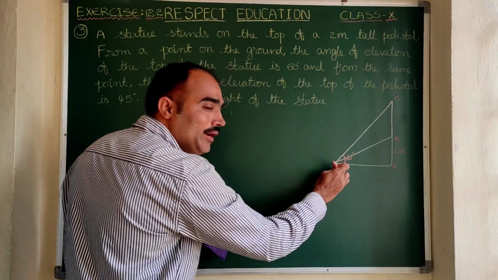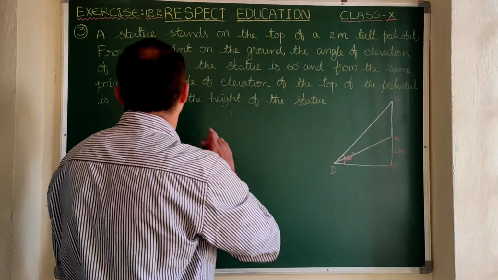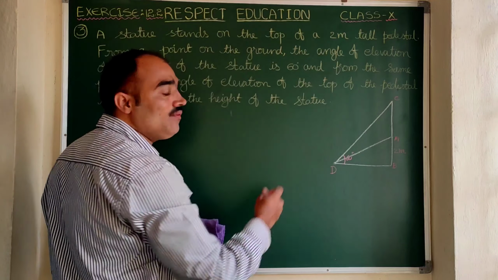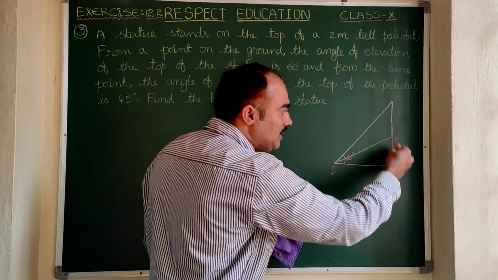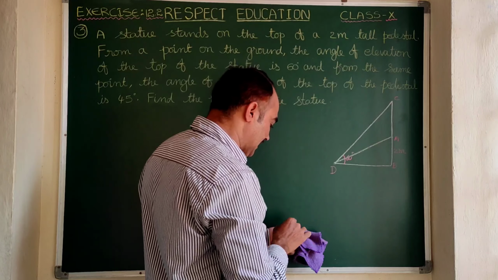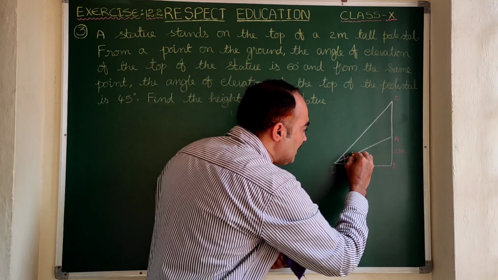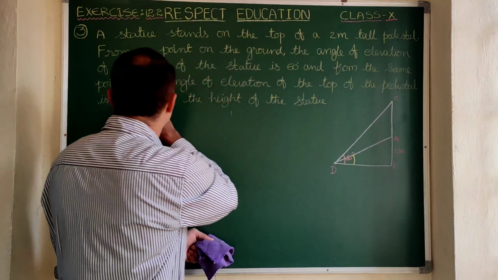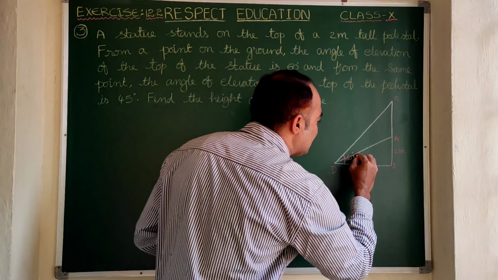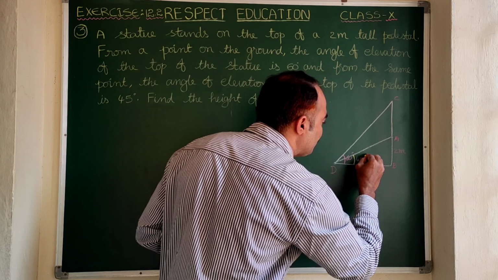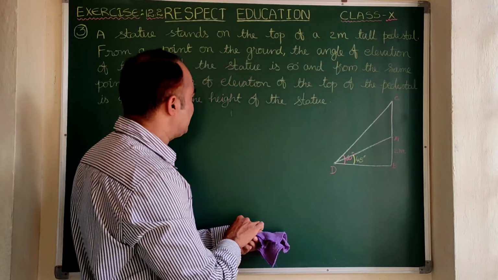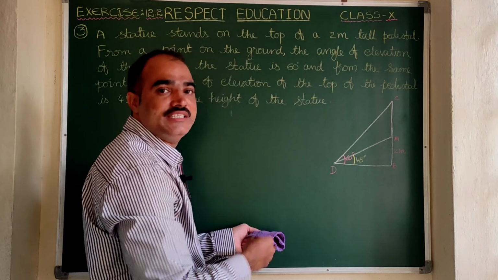And from the same point, from the same D, the angle of elevation of the top of the pedestal, since AB is the pedestal, its top is A. If you observe, this angle is found as 45 degrees. So here let us take this as 45 degrees. Right. Now the question is: find the height of the statue.